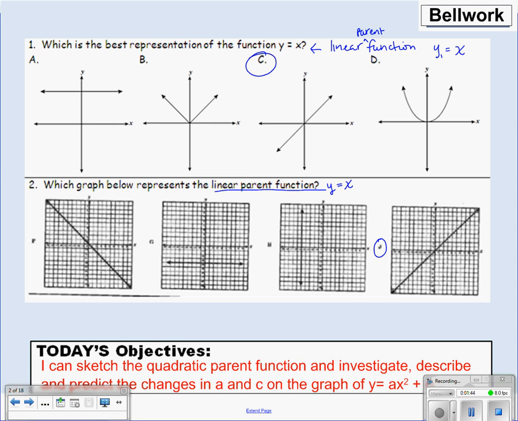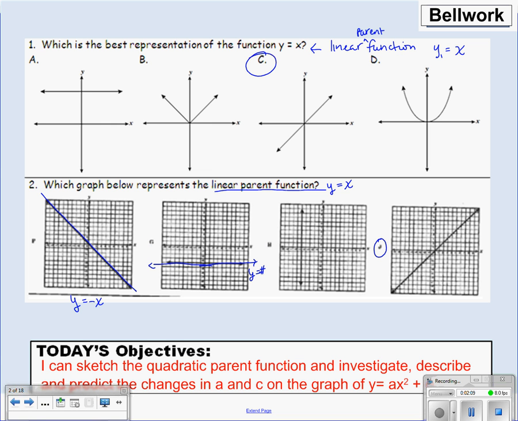If we look at F, it's not. This is a negative sloped line, so this actual equation is y equals negative x. Even though it's a linear function, it is not the parent function. G has a horizontal line going through the y-axis, so it has an equation of y equals some number.